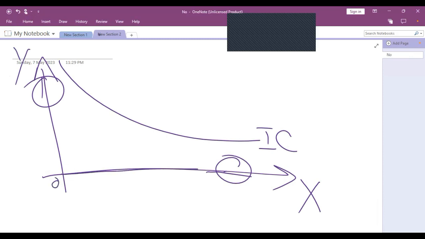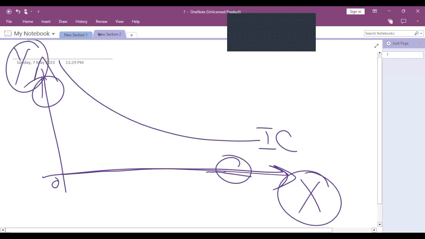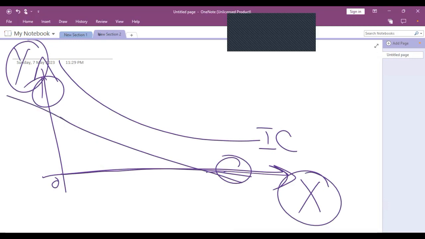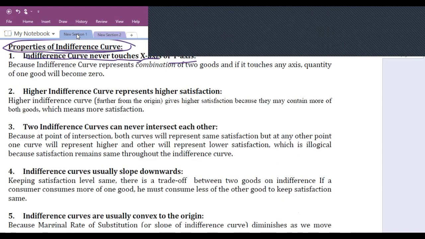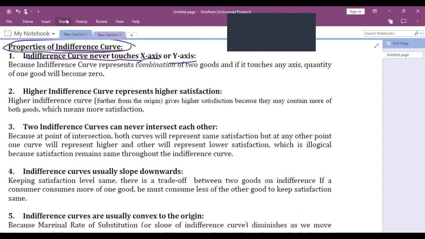It means that the quantity of either x or y will become 0 if the IC touches the x-axis or y-axis. So it never touches them because an indifference curve shows a combination of both goods, that is X product and Y product.